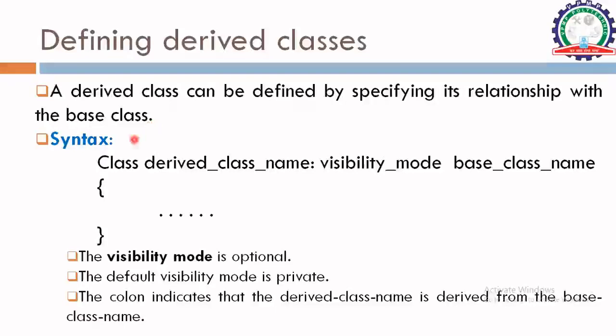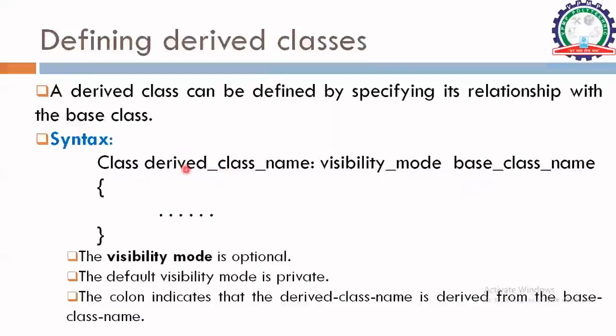For example, here we have given a syntax: class, then derived class name, then colon. After that, we have to write the visibility mode and then the base class name, right? So we can say class is a keyword that we use to declare any class. Derived class name is a new class which we are going to derive from the existing class.